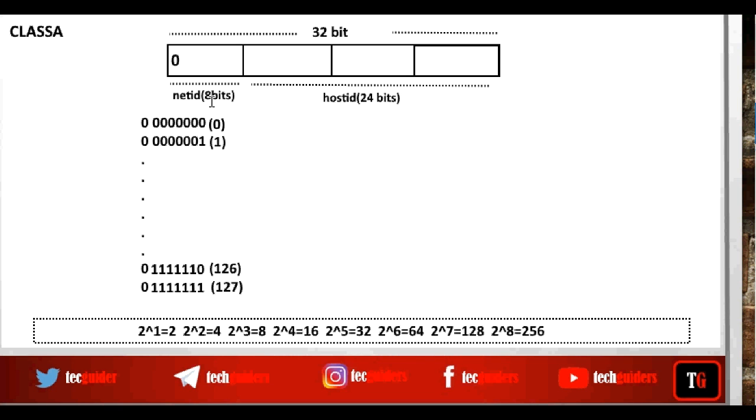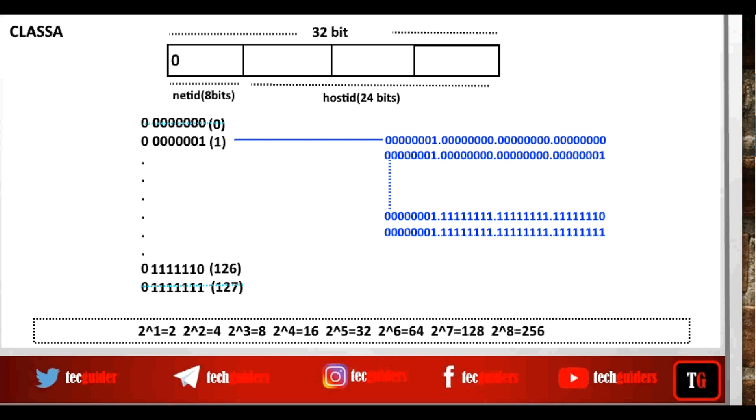So there are 2 power 7 possible combinations from 0 to 127, but among them the first and the last one are reserved for some special purposes. So the number of class A networks that can be addressed is 128 minus 2, 126. Thus, 126 class A networks can be addressed with the network ID portion ranging from 1 to 126. Then, within each class A network, exactly how many hosts can be addressed?